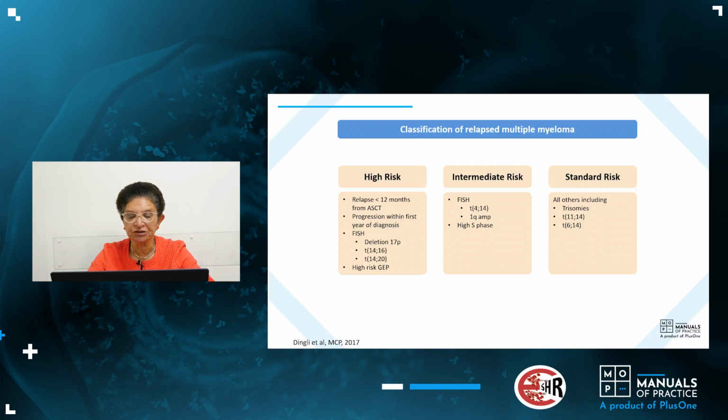Intermediate risk group includes translocation 4;14 or 1q cytogenetic abnormalities, among others. With standard risk, you get all others, including trisomies, translocation 11;14 or translocation 6;14. So as you can see, you need to make sure to pinpoint your patient and make sure if he is high risk, intermediate risk, or standard risk relapse.